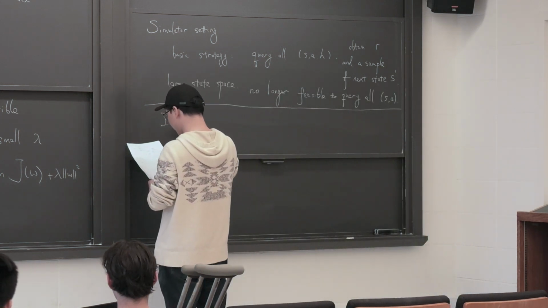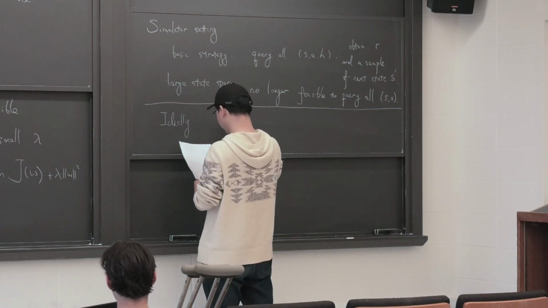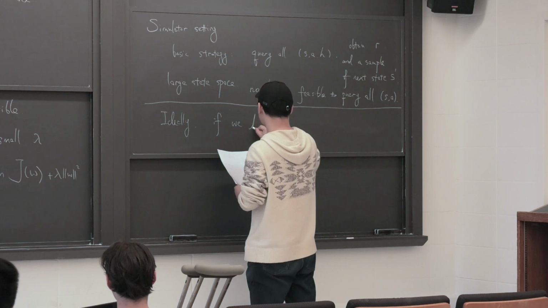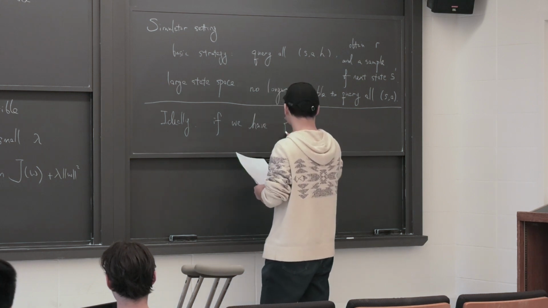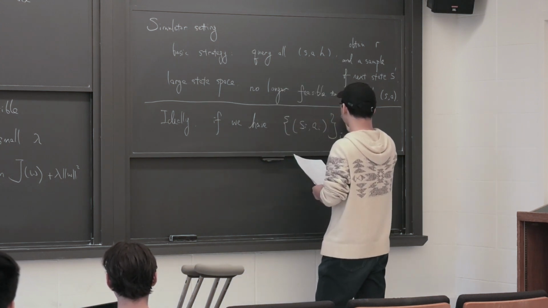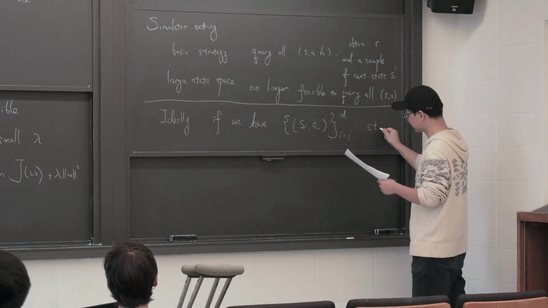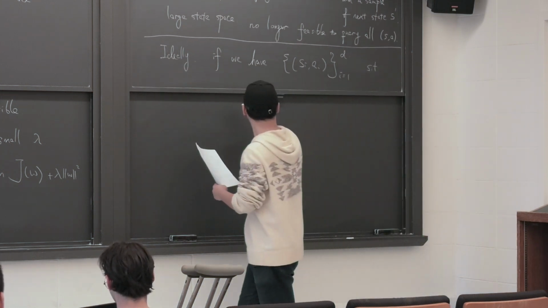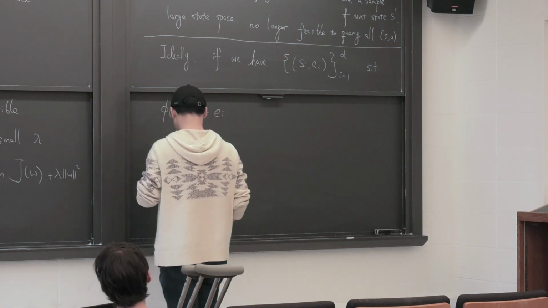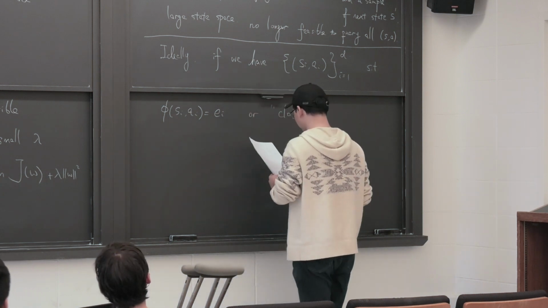So more formally, suppose we have a set of SA, D different state action pairs, so that phi SIAI is equal to EI or close to it. We will later define what we mean by close to it.